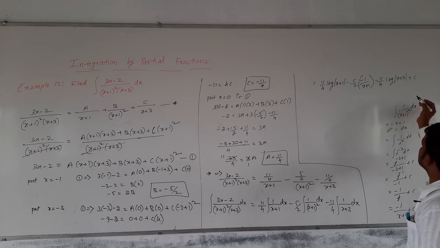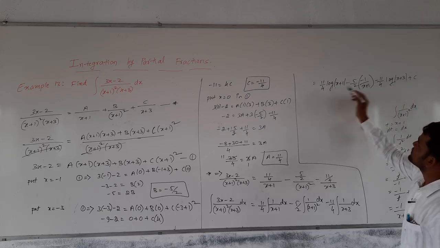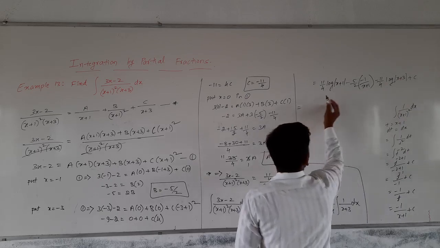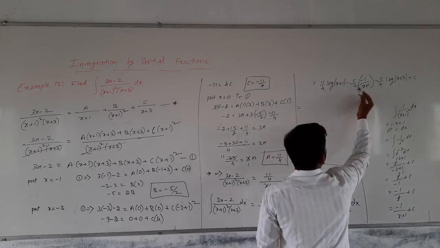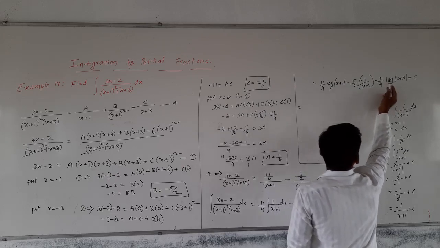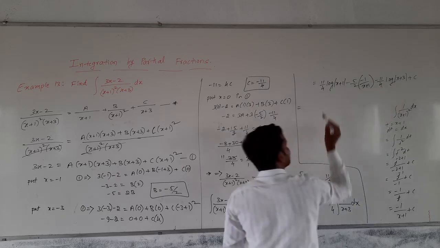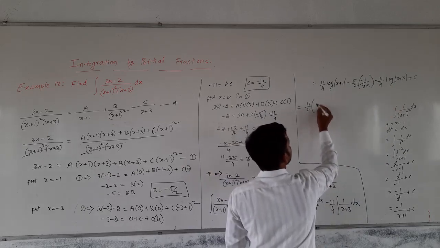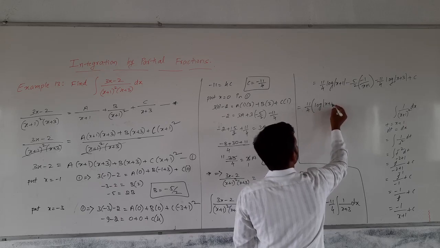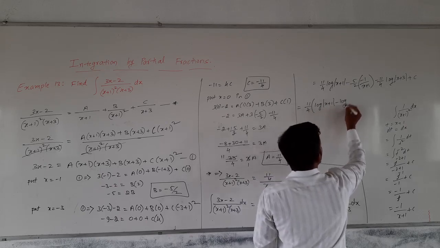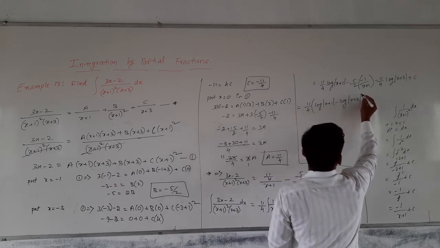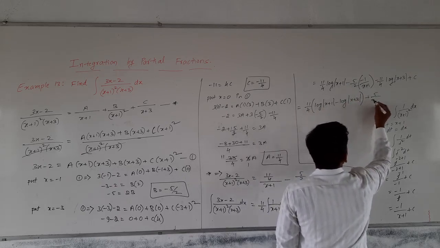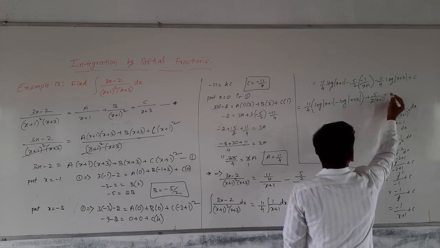Now we can simplify the first part and the third part. The second term I will write separately as it is. From the first and third terms, 11/4 is common. Taking it outside, we have 11/4 times (log|x + 1| − log|x + 3|), and the second term minus into minus gives plus 5/2 times 1/(x + 1), plus c.